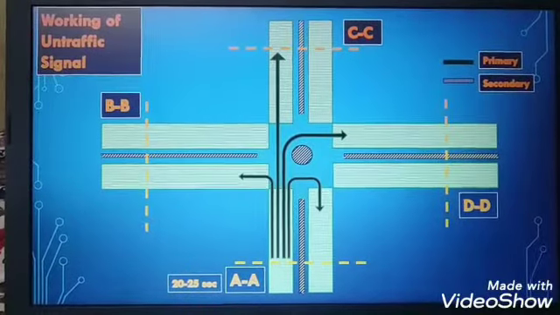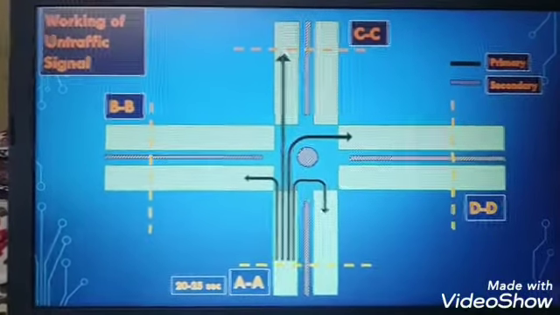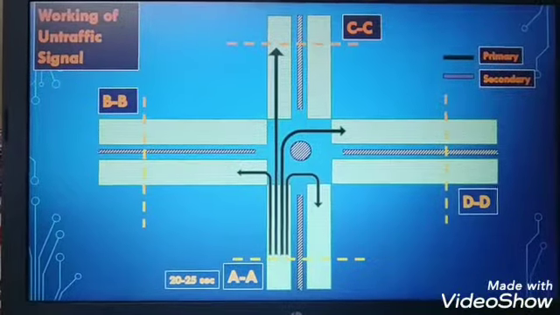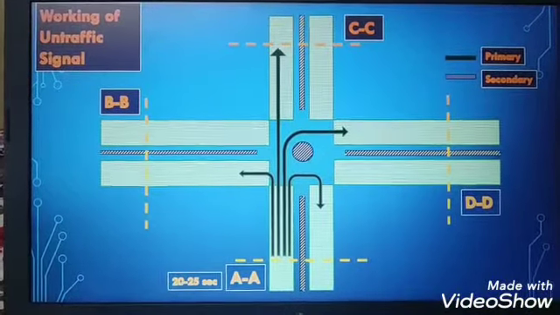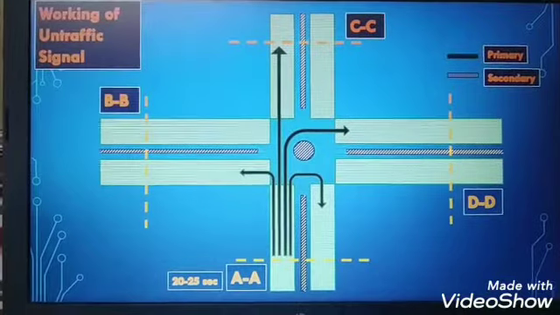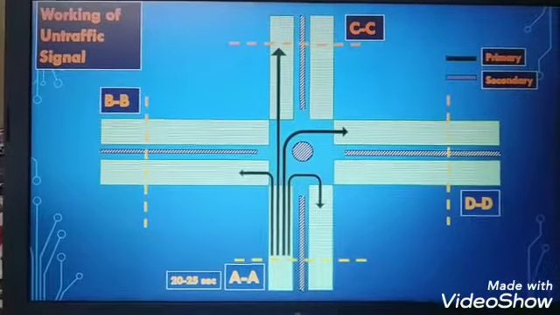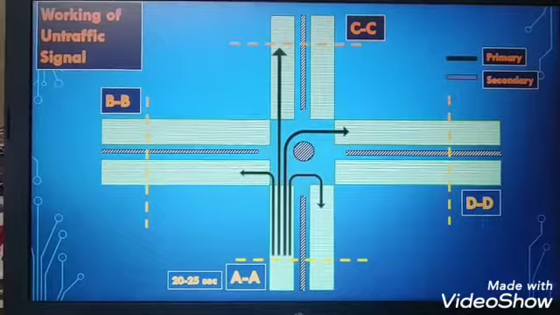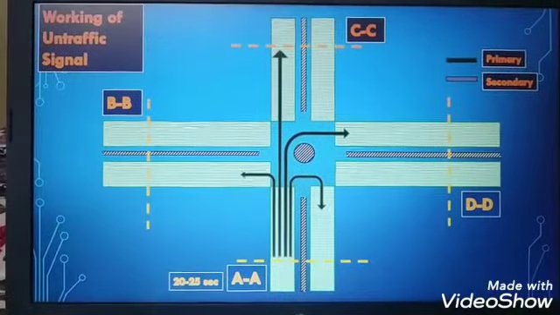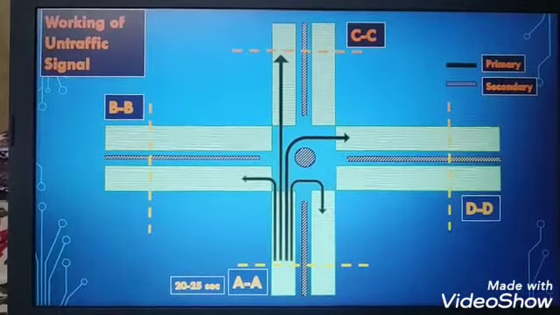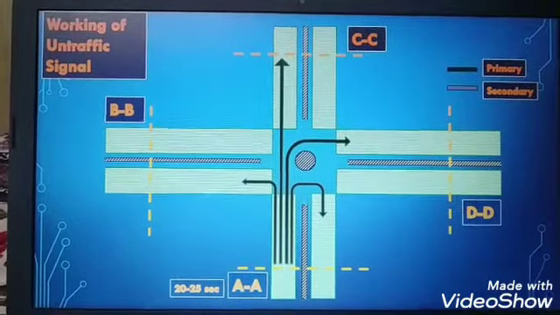For the first case AA is primary, so it can move from AA to CC, AA to BB, AA to DD, and a U-turn towards itself. So it has 4 movements. Since AA is primary, it will have all 4 signals on for all sides of movement.